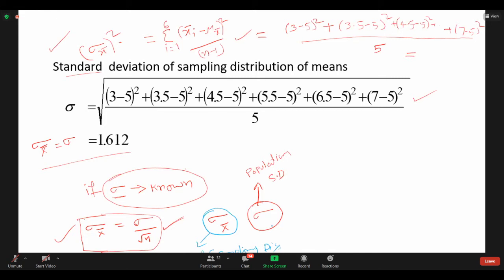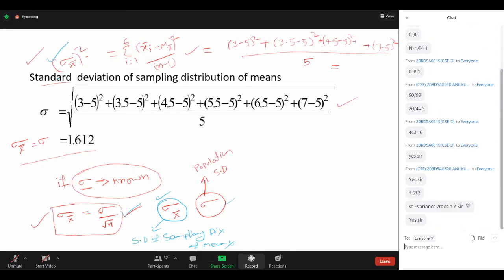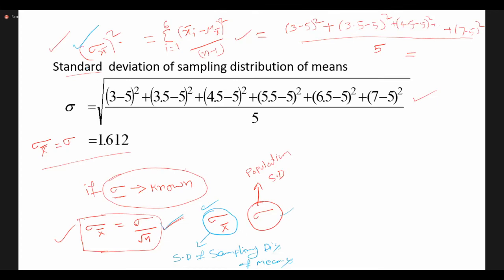There is a difference between these two notations. Don't get any confusion. For finding this, if you know sigma, directly use this formula. Otherwise, go through that formula. Is that clear? Have all of you understood the difference between the two formulas, when we use this one and when we use that one?